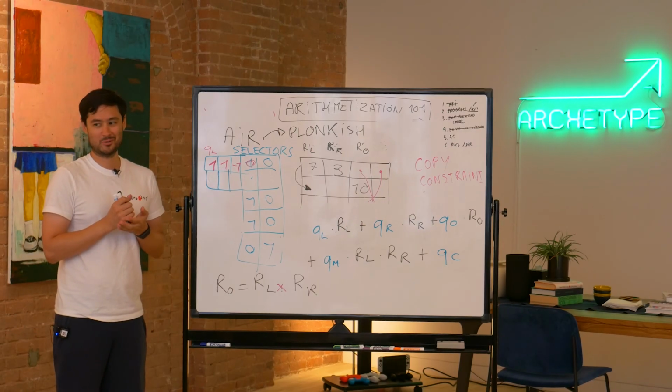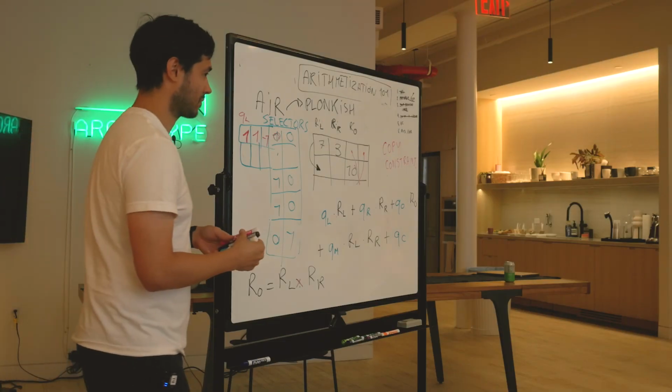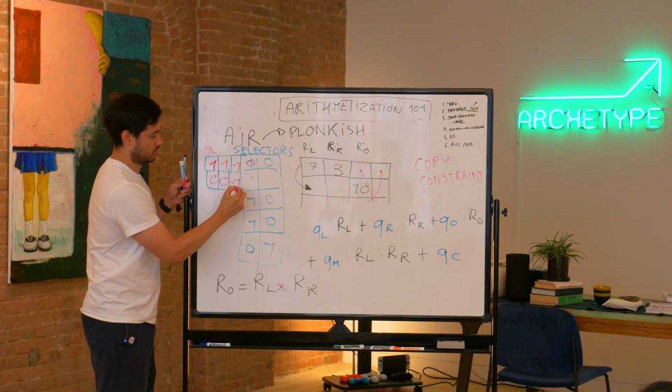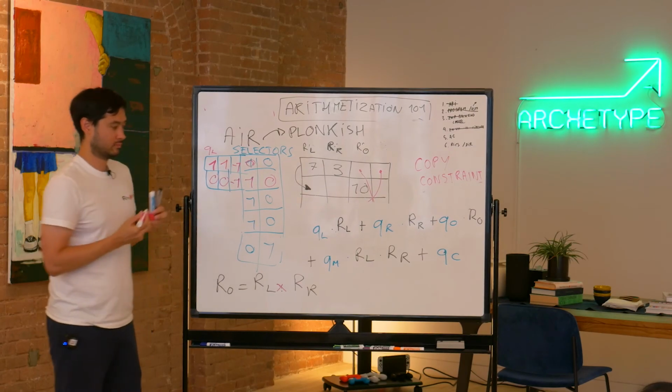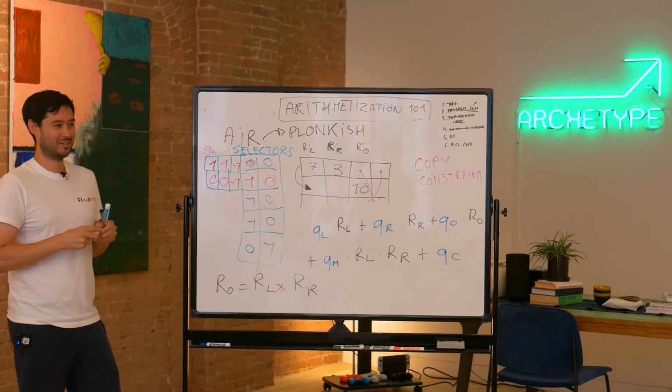All right, we only have one good student here. 0, 0, negative 1, is it 1, 0? Are you sure? It looks good to me.